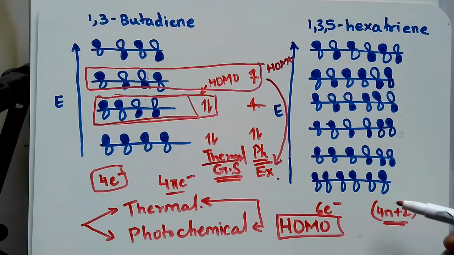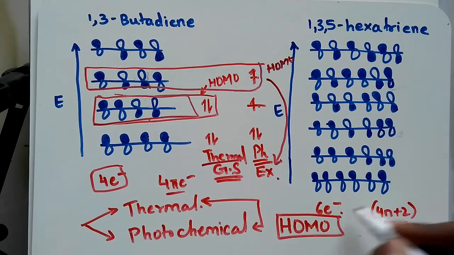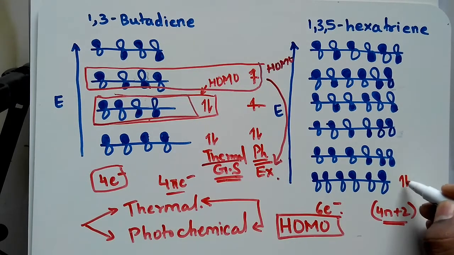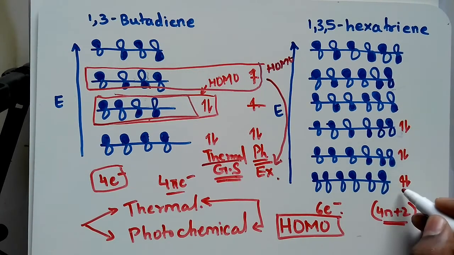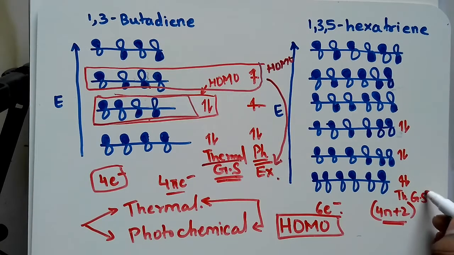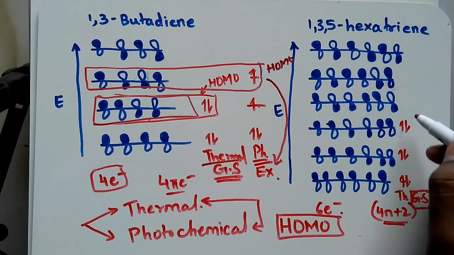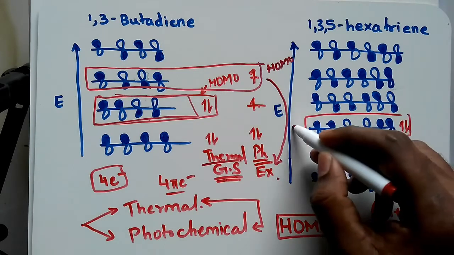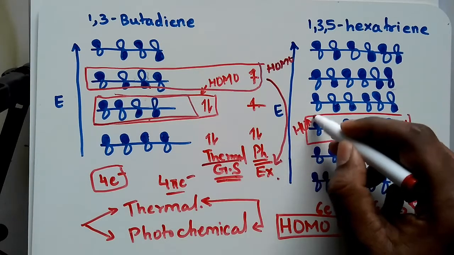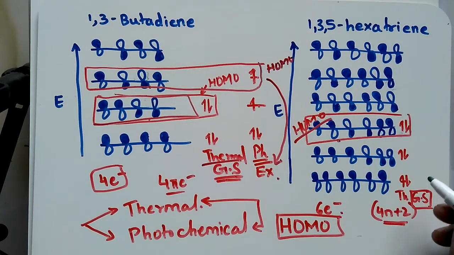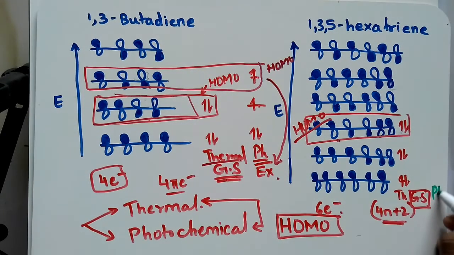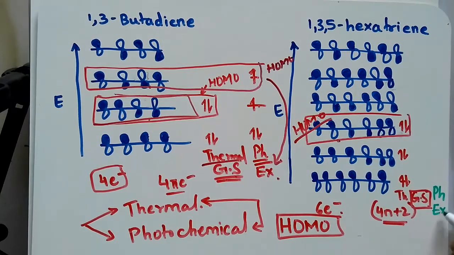In 1,3,5-hexatriene, we have 6 electrons to show. So 2 electrons go here, the next 2 here, and the next 2 here. This is for the thermal condition, which is the ground state. So in the ground state, this is the HOMO that we are looking for. And in the photochemical state, which is the excited state, 2 electrons here, no problem.